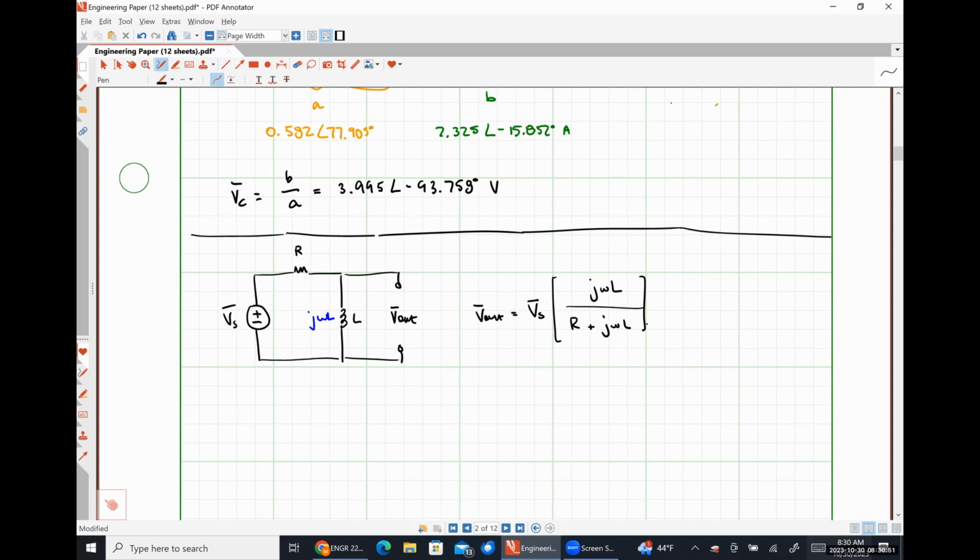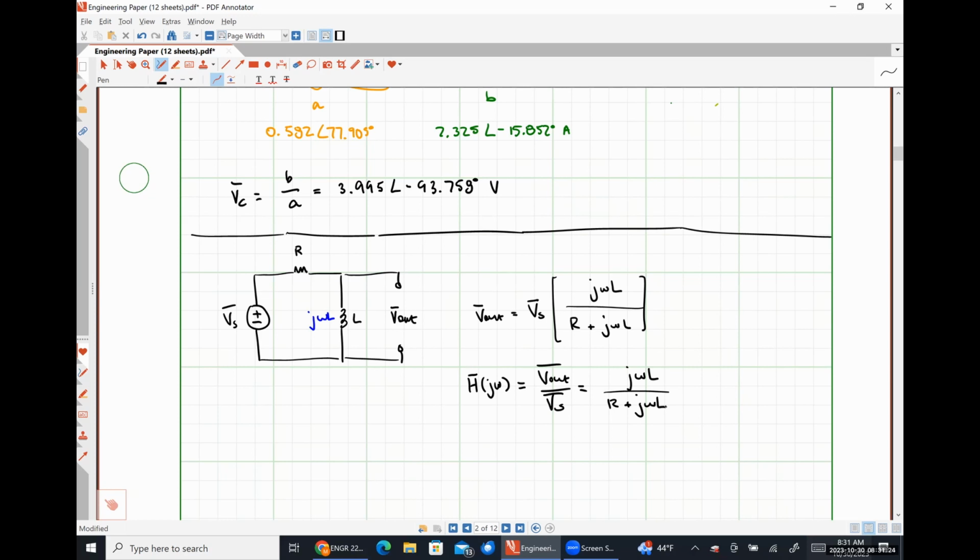And we could define the transfer function of this circuit to be the ratio of the output voltage divided by whatever the input voltage is, which in this case would simply be j omega L over R plus j omega L. So the transfer function here is a complex number that depends on the frequency at which the circuit is operating.